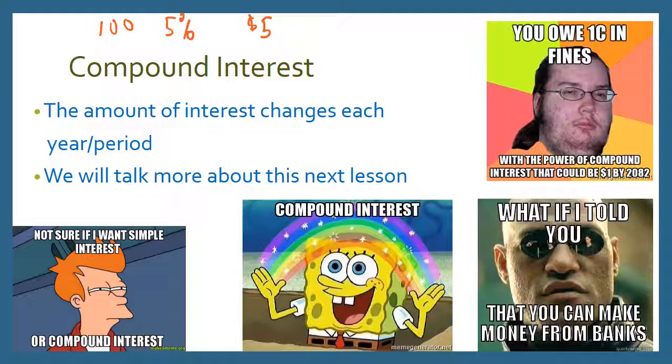Now, in the second year, your principal changes because you now have $105 to invest. So at 5%, your interest is going to be a little bit bigger than the $5 we started with. That's the idea of compound interest. You get paid the interest each year, you add it back onto the principal, the principal increases, hence the interest at the end of that year increases. We'll talk more about that next time.